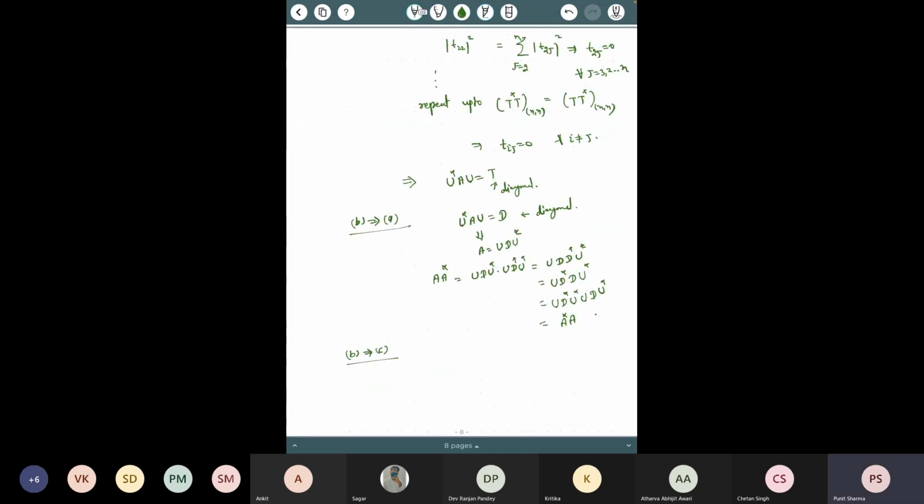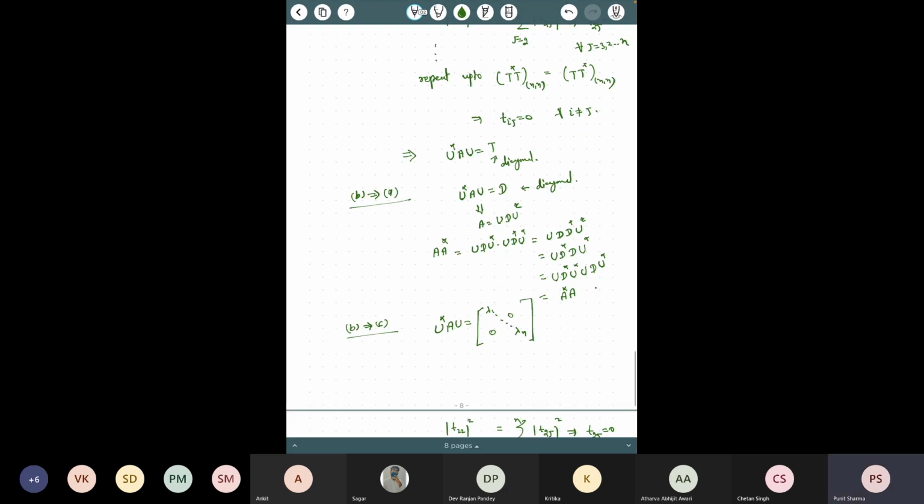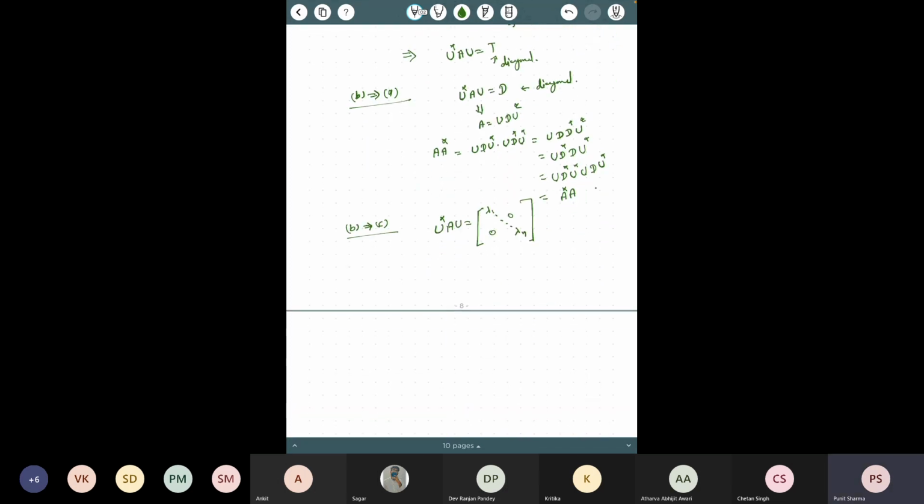So what is given to us? Given to us is U star A U is diagonal. So let's say this is diagonal, and lambda 1 to lambda n are the eigenvalues, so they will appear on the diagonal. Now can you tell me what would be the next step here?